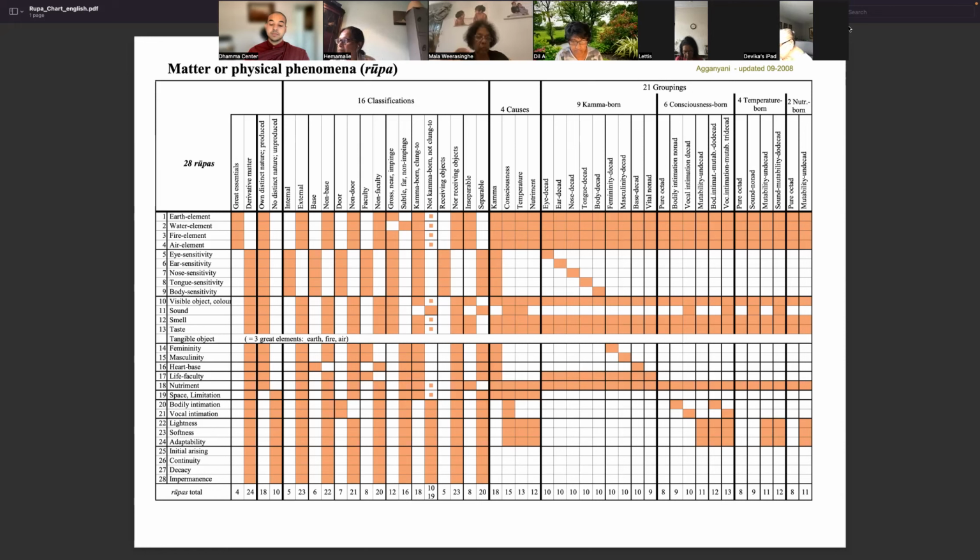So the oja is practically present in every rupa kalapa. You need oja as the food for the sustaining of the individual rupas.